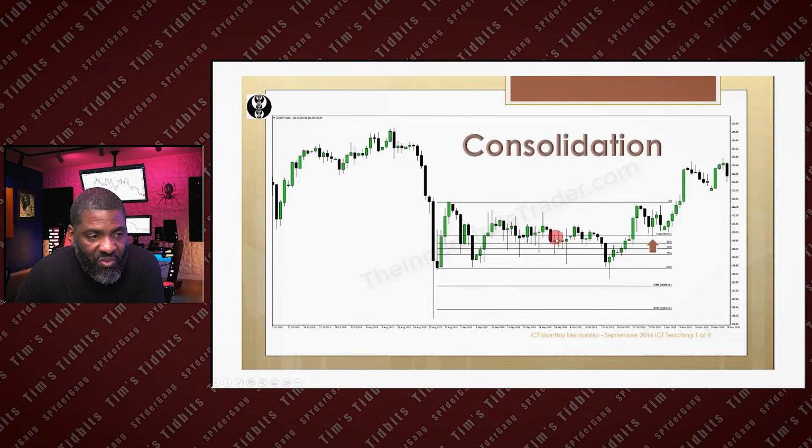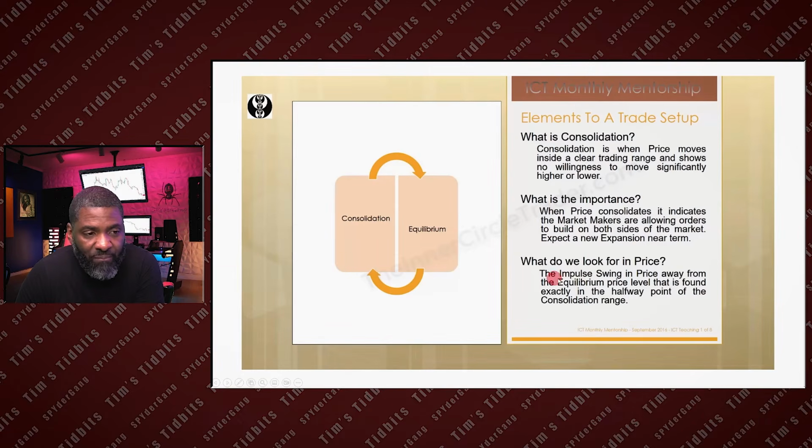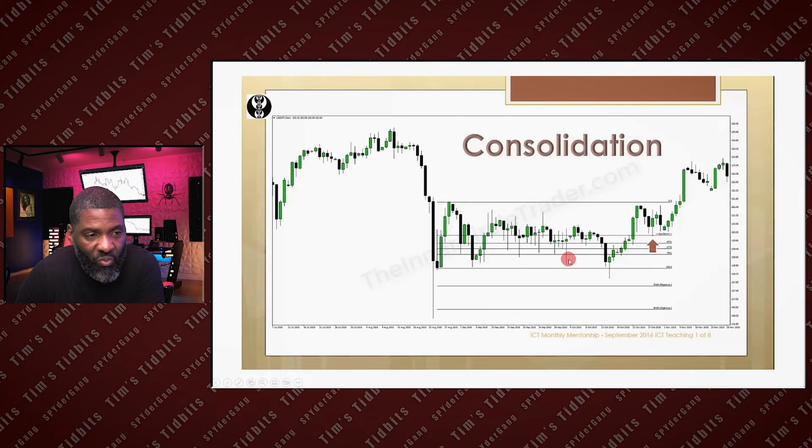So you got these impulse swings away from the 50% point. Take off, come back to it. Every time it gets to equilibrium, you're seeing these small impulse swings leaving that area, but drawing back to it. That's your equilibrium point.